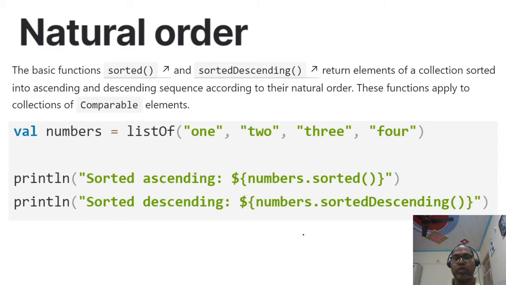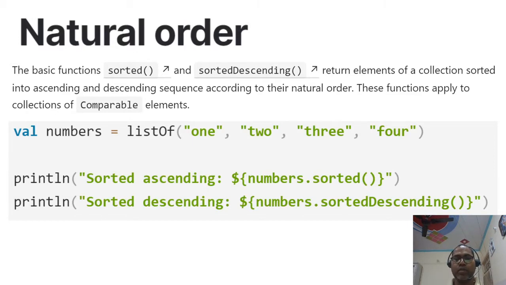This is known as natural order. Sometimes, as a programmer, according to our business needs, we have to order our list of objects on the basis of some different attribute. That's known as custom ordering.